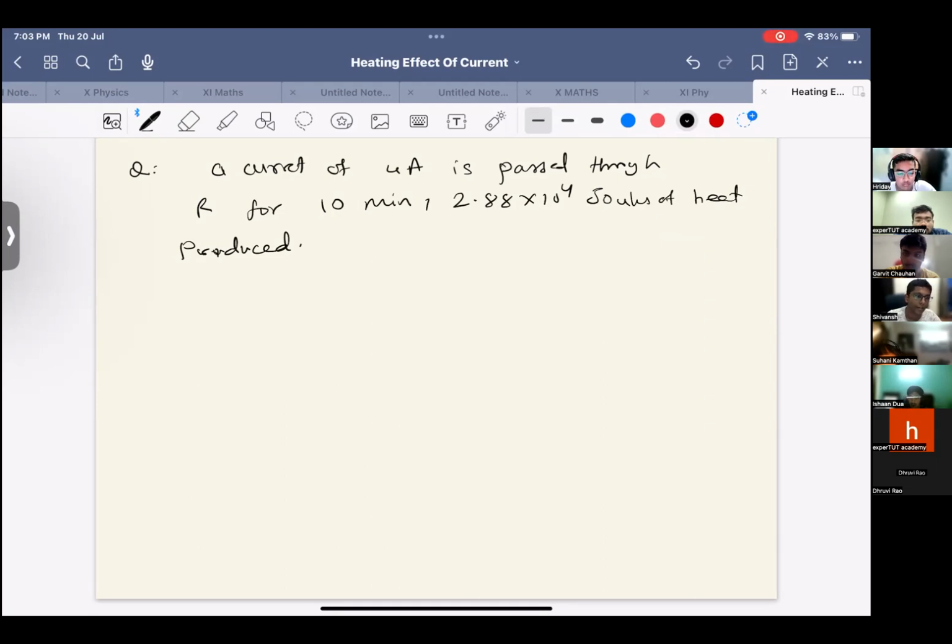So find the power and the voltage. You have to find power, and second, voltage. All of you please do this and send it to me. Don't speak it over the call.